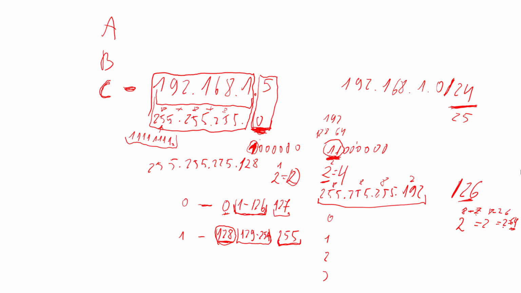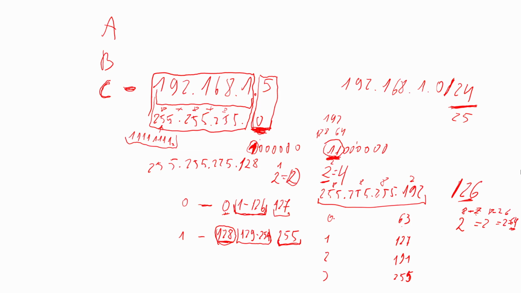And this 64 means that starting from 0, the last is 63. Here the last number will be 127, I'm writing here the last numbers. Then 191 here, and 254 here, and 255.